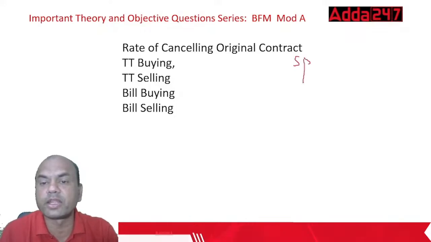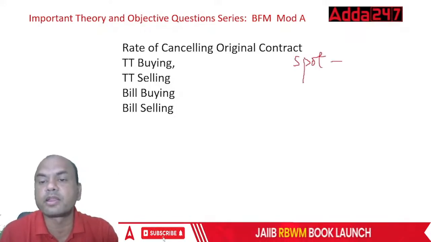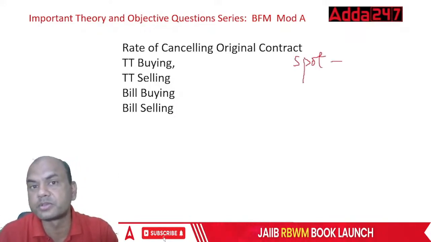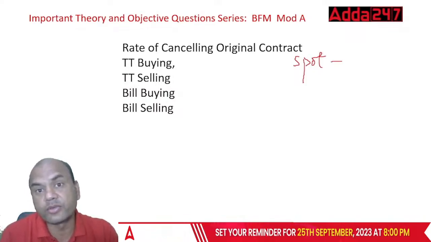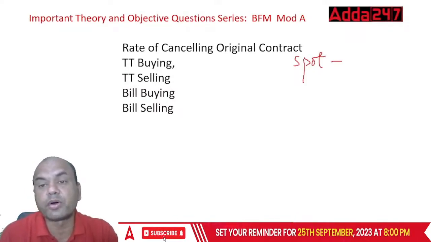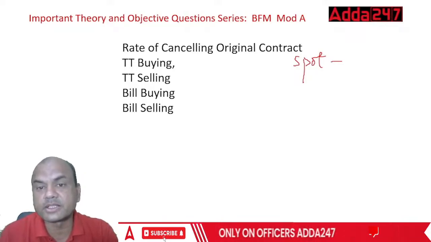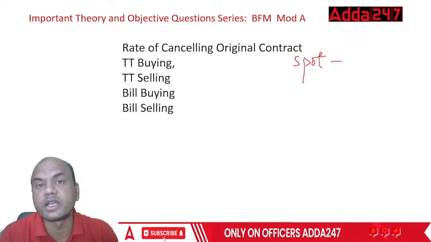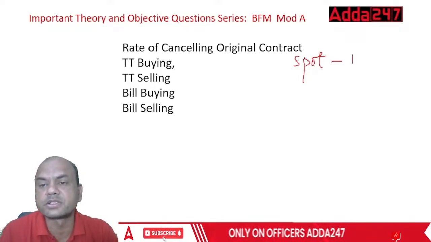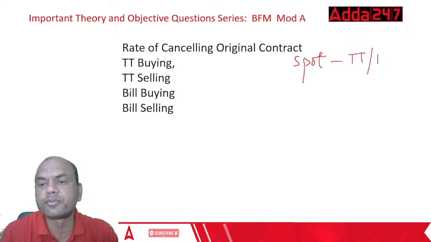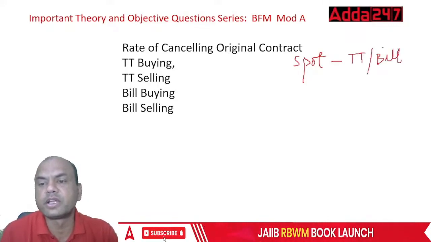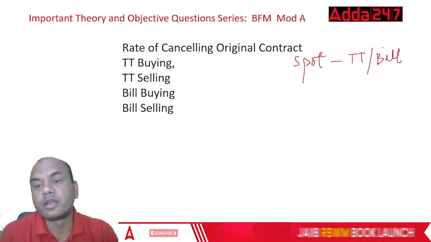Spot means what? Whenever we are doing a spot transaction, which rate is to be used? Again, first problem. Just now I gave you. Spot you have to use, in the comment section, let me see. Spot you have to use TT rate or bill rate. Okay, I'll give you options. TT or bill. So which rate will you use? TT or bill? TT rate, correct?